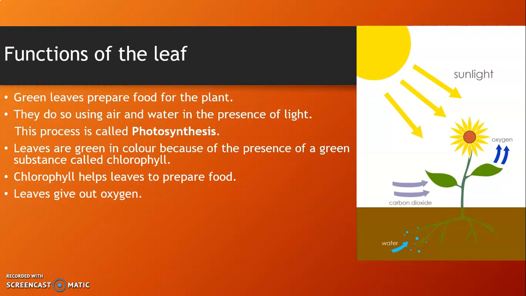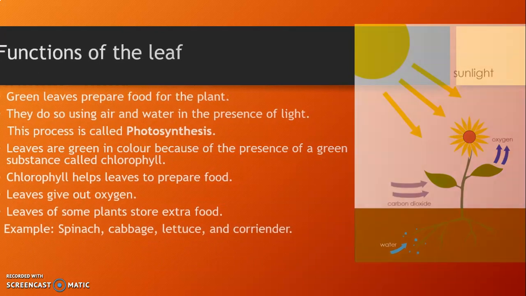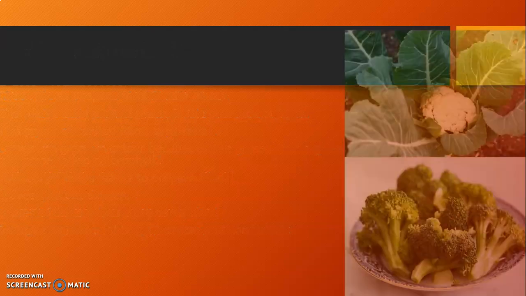In exchange, they give out oxygen. Leaves of some plants store extra food. Examples of such plants are spinach, cabbage, lettuce, and coriander. And we consume these plants.